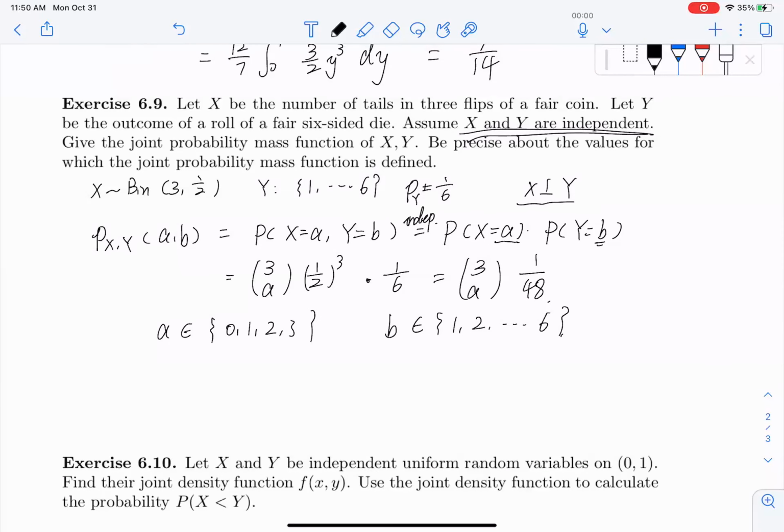When you write this, a and b have some range, and if you take a to be too large or negative, this is not a valid probability mass function. So you have to specify them, and only when a and b take values in this set, the mass function equals this number. Otherwise, it's just 0.